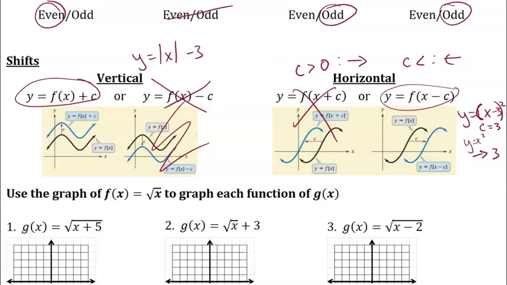Okay, but we really should be in the habit of thinking of it as what is being subtracted from x. Once again, I don't want you to think about two different rules here. Just think, if I'm adding or subtracting something from the x, then that's a horizontal movement. If I am subtracting something from x, then I move to the right. If I'm adding something, then I move to the left. Or in other words, if c is negative. Okay.